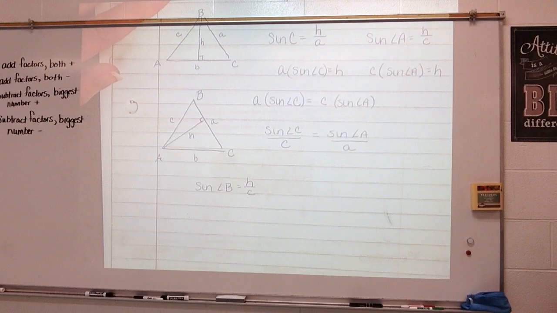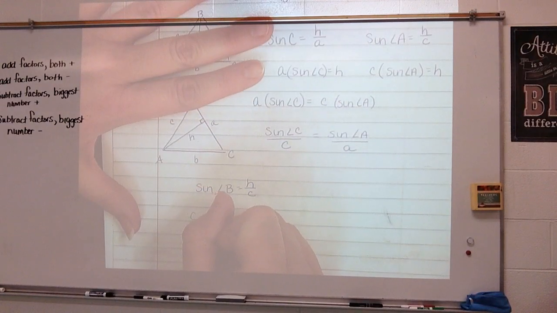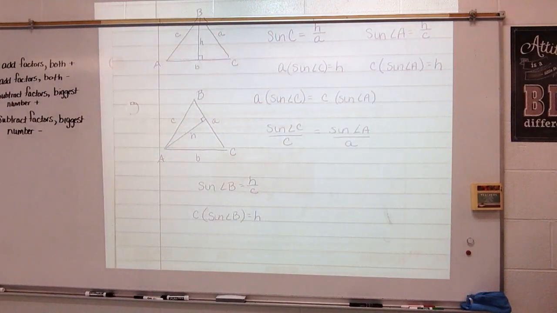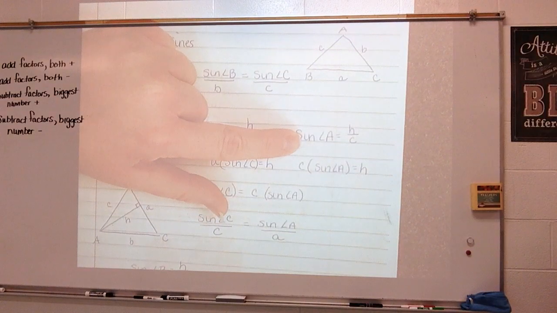If I rewrite that, I get c times the sine of angle B is equal to h. If you remember, sine of A was h over c.